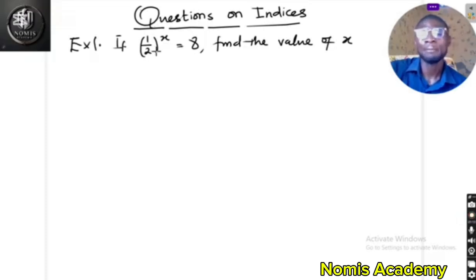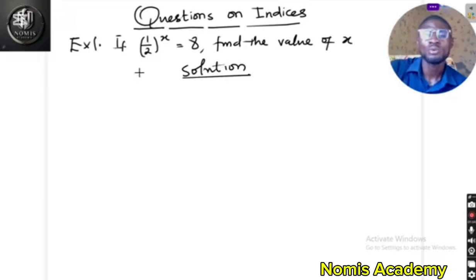If you cannot apply them properly, or you just assume a kind of operation on indices problem, you'll be very wrong even to have a correct answer. So you must apply the laws appropriately. So let's see how we can apply the laws appropriately on this question.